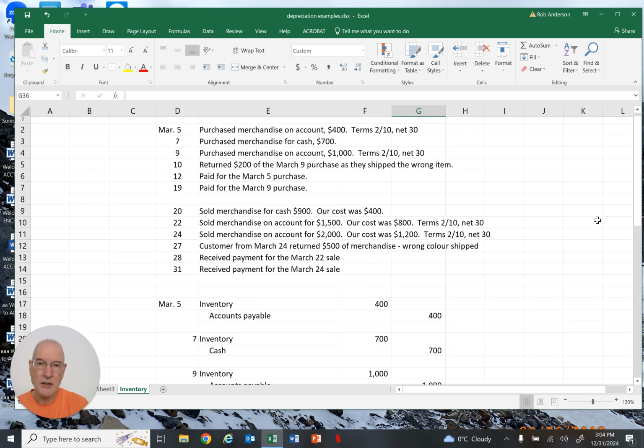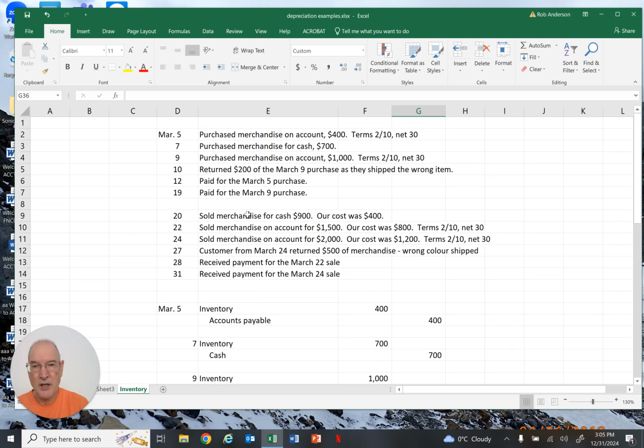Now what you'll see is that, again, every time you sell merchandise, you have to have a corresponding entry for cost of goods sold. And what we're going to do is take it out of inventory, our asset, and put it into cost of goods sold, which is essentially an expense account, and it goes against the sale. So here on the 20th, we sell merchandise for $900 cash, and our cost is $400.